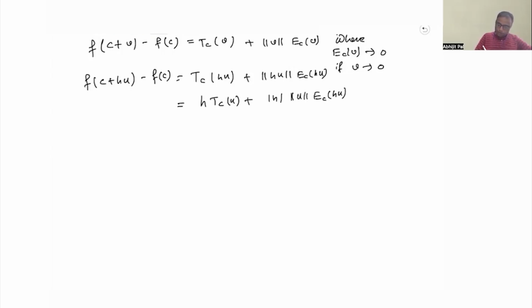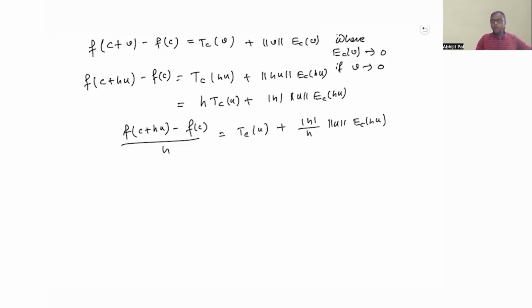Okay, and now you divide by h, and take the limit h tends to 0.